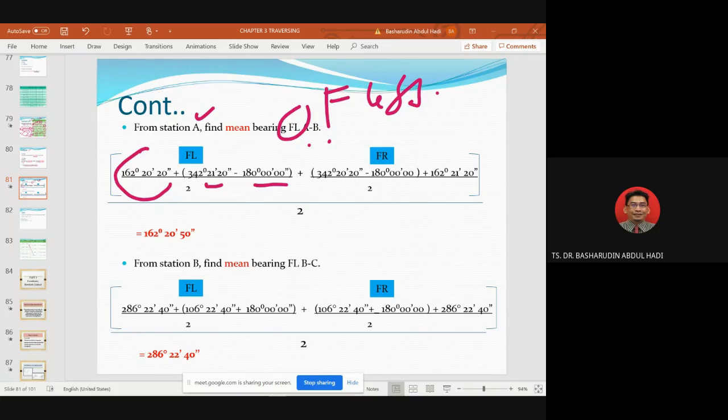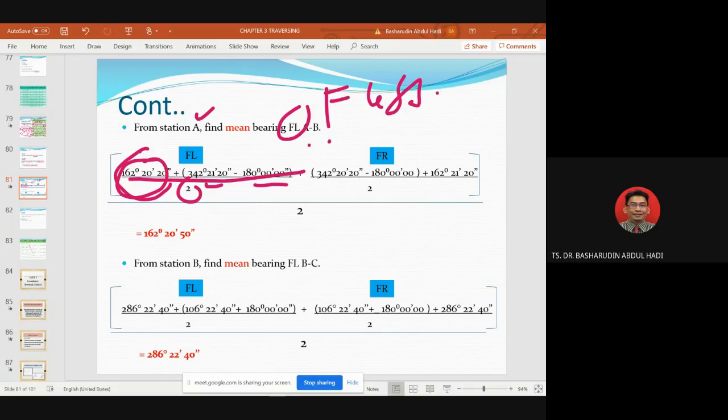Because we want to know from 342 degree 21 minute 20 second, minus 180 degree 0 minute 0 second, of course, it will give an answer. Normally the answer must be the same as this one. But in theory, yes; in practice, you cannot get it. So when we do the average, we divide by 2.